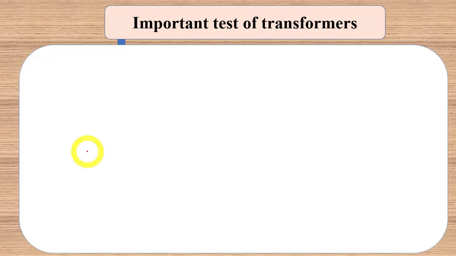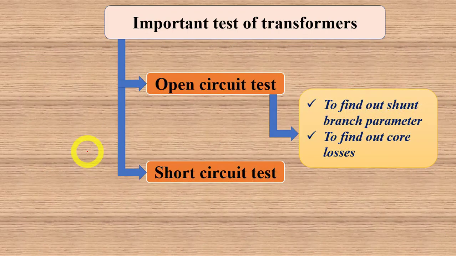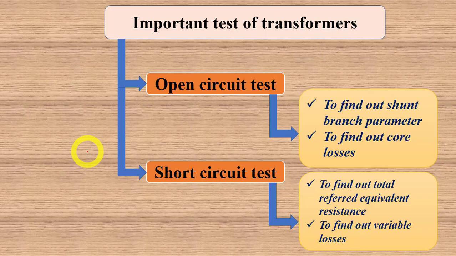Similarly, R2 is the lumped resistance of the secondary winding, and X2 is the leakage reactance of the secondary winding. So the main objective of the short circuit test is to find out the series parameters and copper loss of the transformer at rated current. So here we find the total referred equivalent resistance.